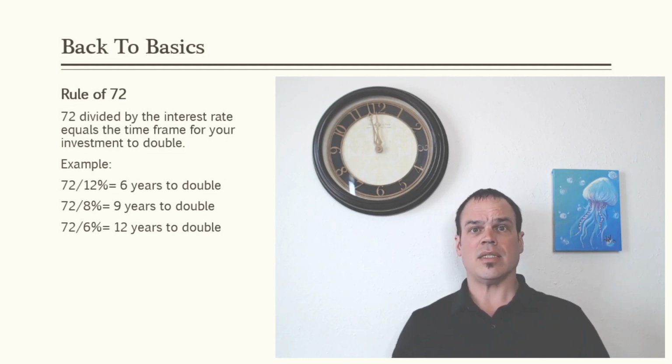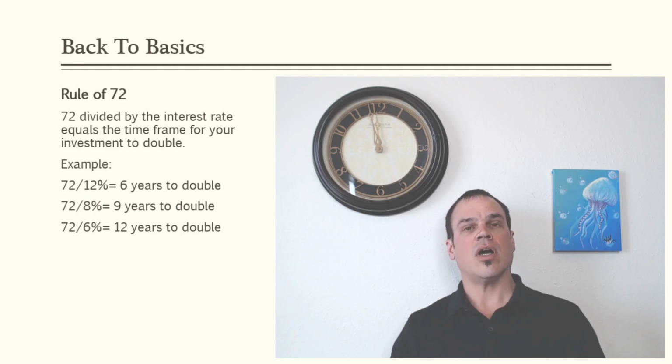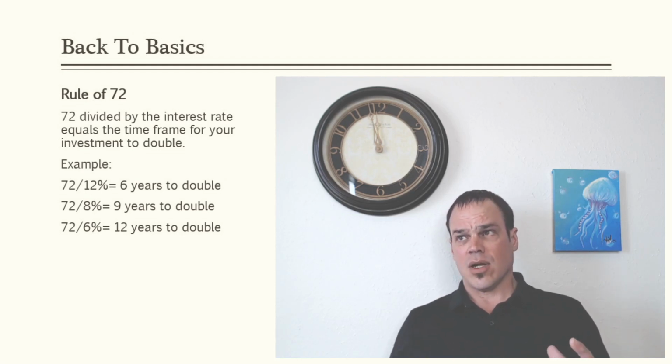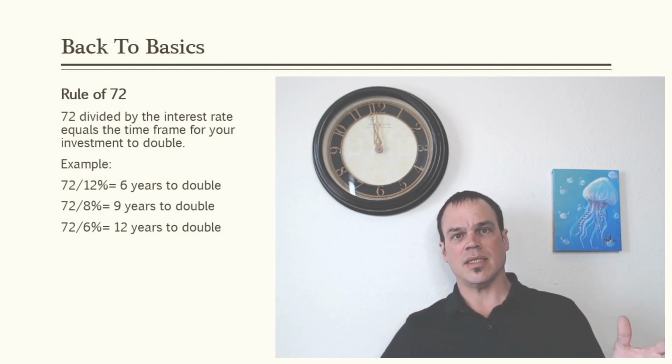So 8%, and 8% is going to be a number that we're going to use quite often because I think 8% is a really realistic number when we're calculating returns on the stock market. There's a lot of different theories out there on what the stock market historical return has been. You'll hear numbers anywhere from 7% up to 12%.